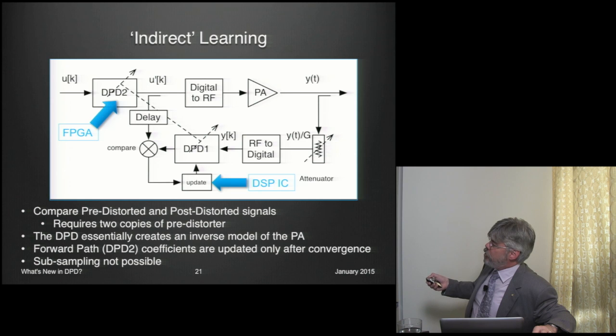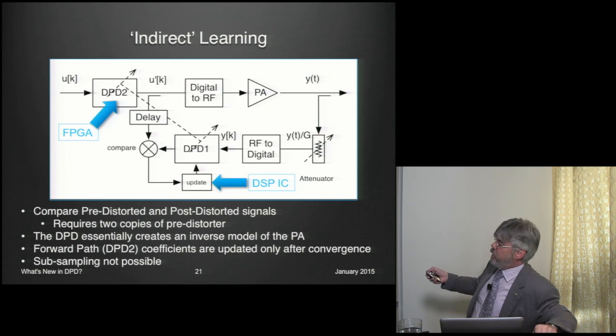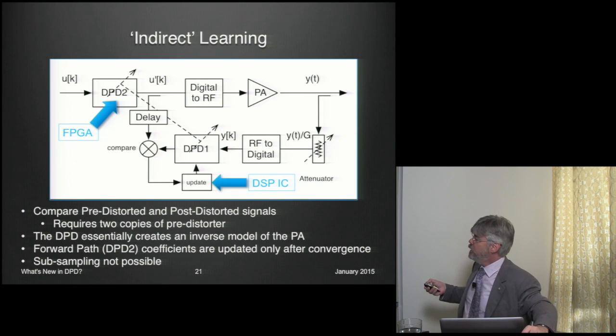You know, you have your digital predistortion system. It goes from the digital domain to the RF domain. So this is all the data converter stuff. There's the PA. We sniff the output of the PA, convert back to digital, and in this particular architecture called indirect learning, we do a post-distortion, digital post-distortion if you like, which you might say is building a model of the PA. And so you compare the post-distortion signal with the pre-distortion signal, suitably delayed so they align properly.